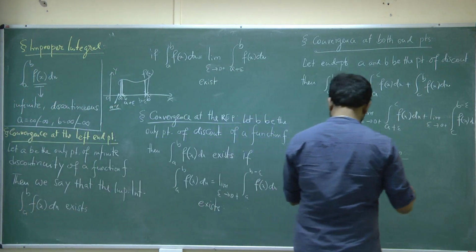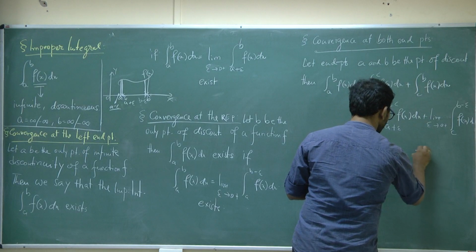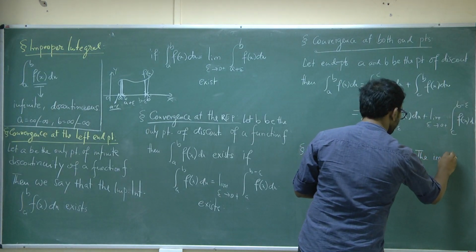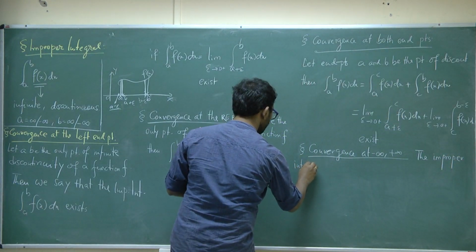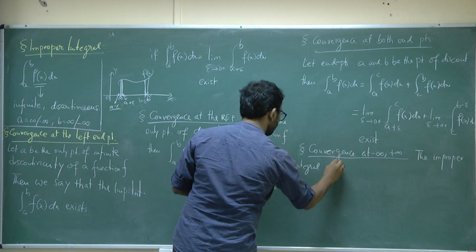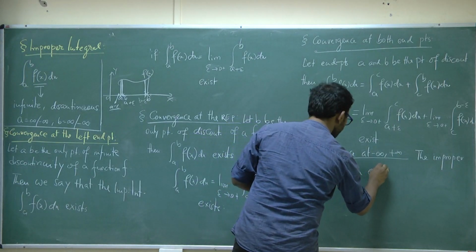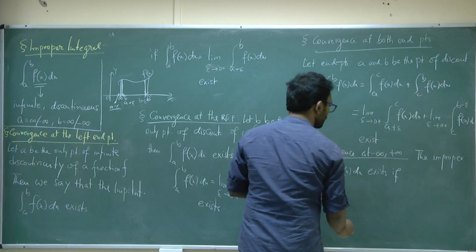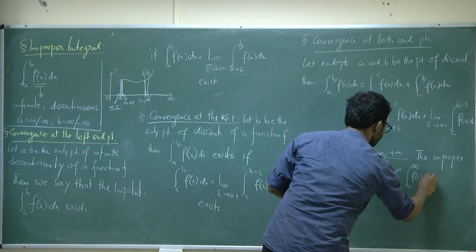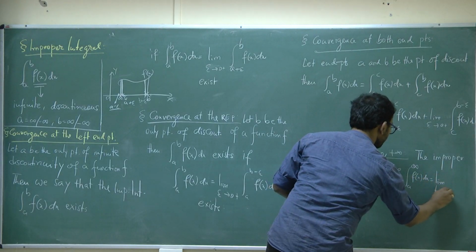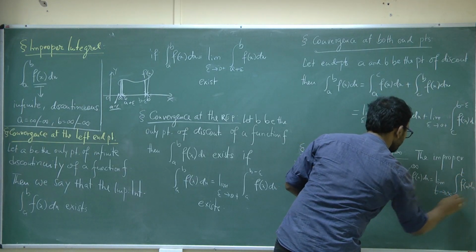So the definition goes like this. Let the improper integral from a to infinity f(x) dx exist if the integral a to infinity f(x) dx can be written as limit t tends to infinity of integral a to t f(x) dx, which exists.